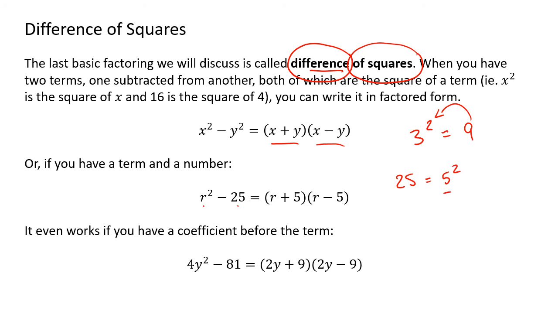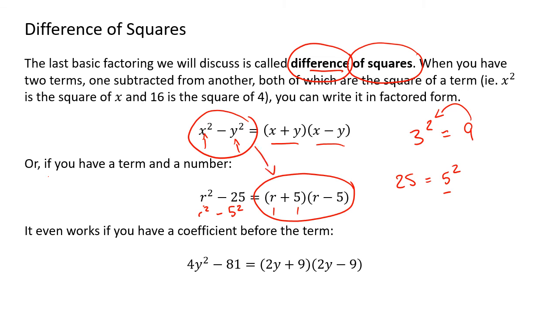In other words, 5 is the square root of 25. Remember when we talked about radicals. So knowing that, that's the same as writing r squared minus 5 squared. Okay? So if you do that, you just take the term that's being squared, and in this case, you have r plus 5 and r minus 5. It's as simple as that. Every time you see an expression like this, you can simply write it in that form there.